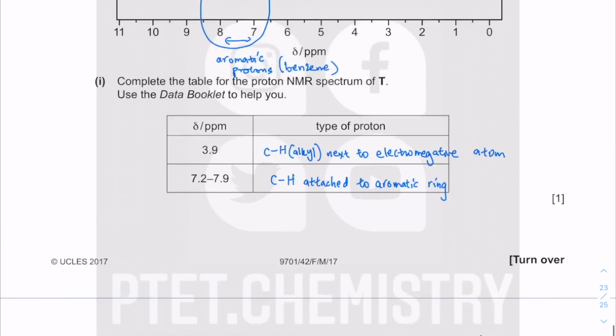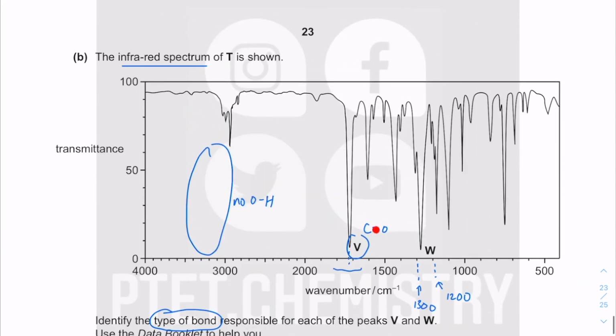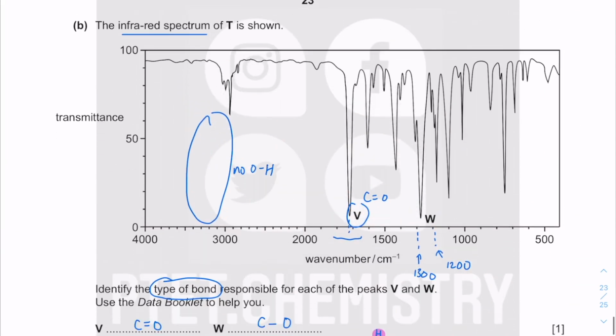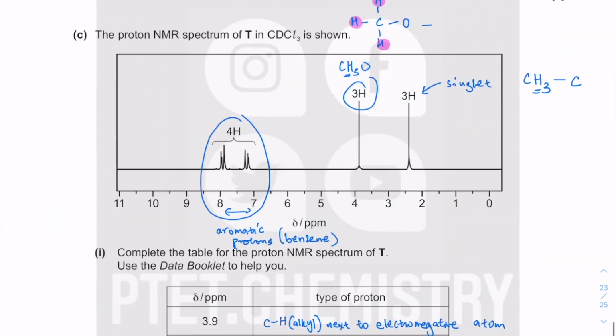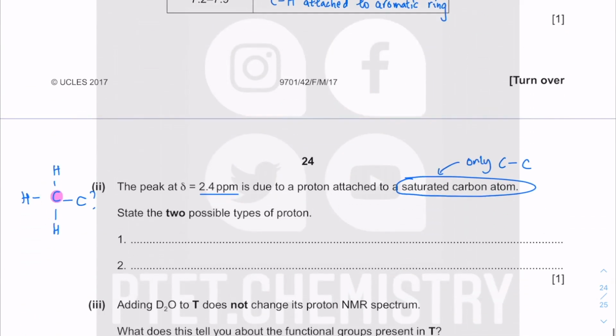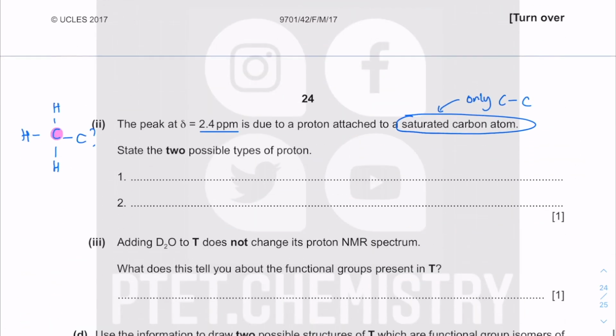I've got oxygen and I've got a carbonyl. If I look in my data booklet, the thing that has a carbonyl, I could have an alkyl next to a carbonyl. If it's just carbon like this, it would give me splitting. But this is a singlet, so there are no neighboring protons.